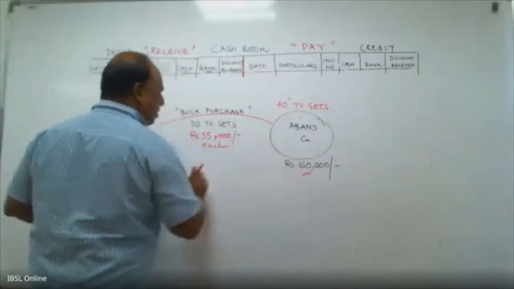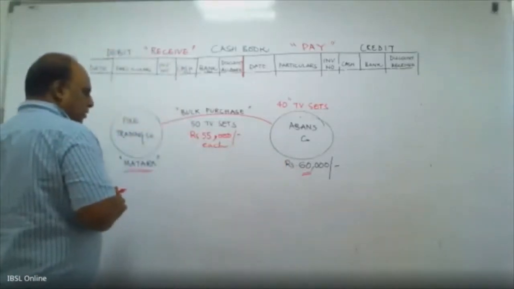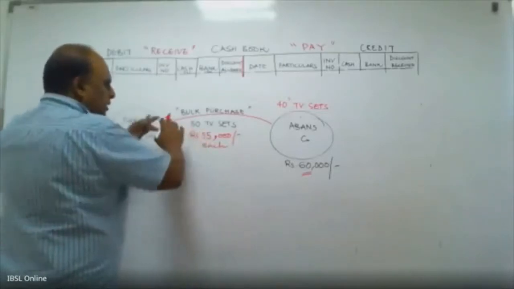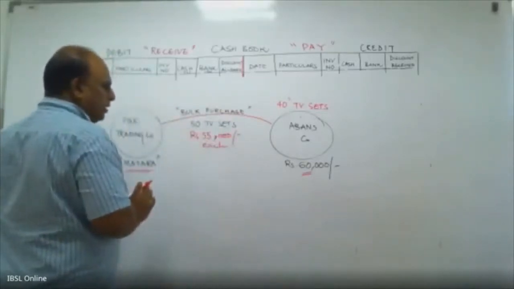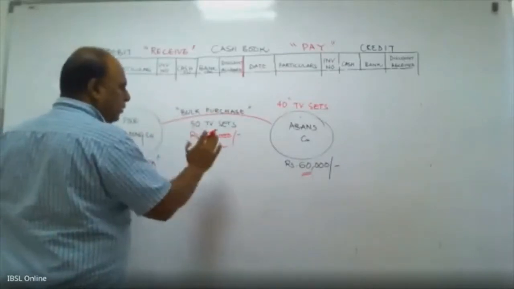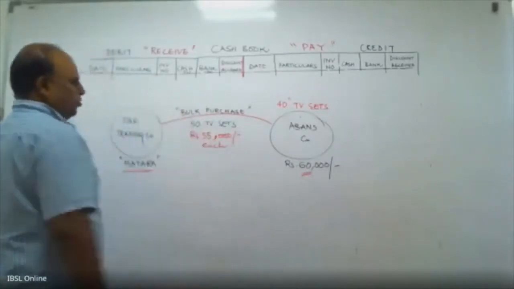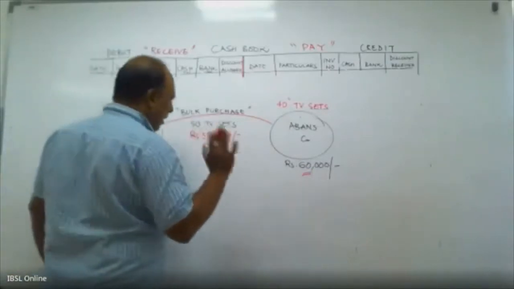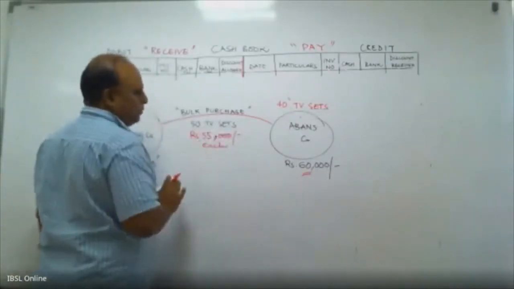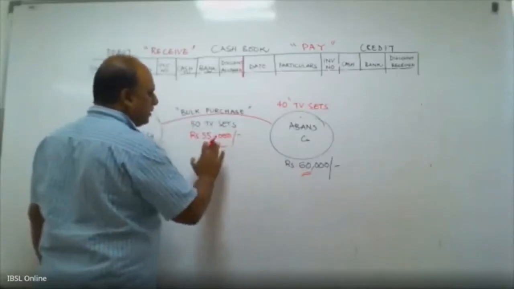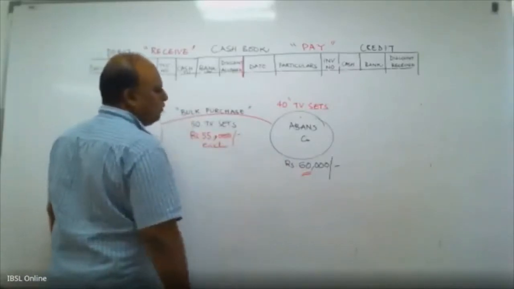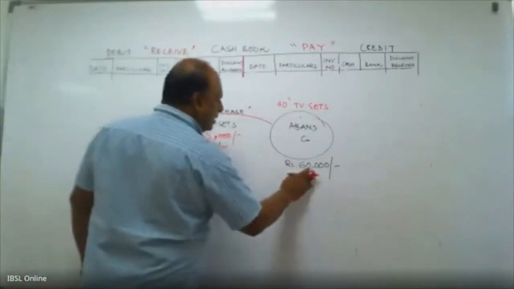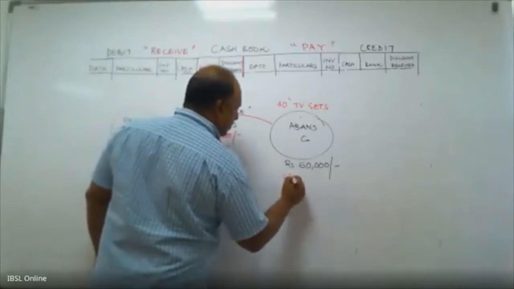Now what has happened here? Abans was talking about 60,000. PQR trading company came into the business and wanted to do a bulk purchase, and asked, can you give it to me at 50,000 each? But Abans in return says, no, I can't give you at 50,000, but what I can do is give you at 55.